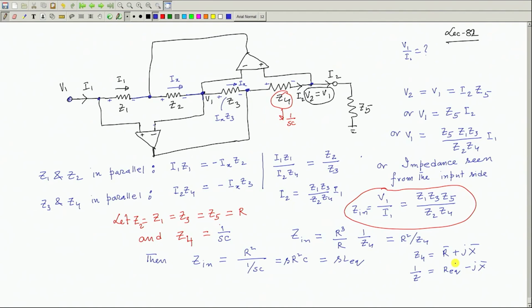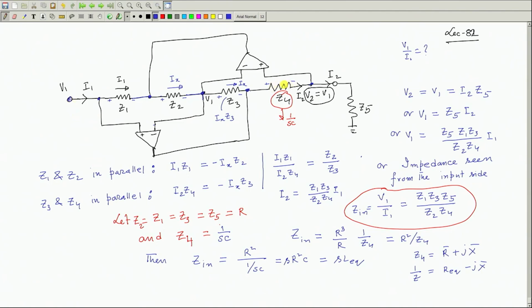What happens is this: in very large scale integrated circuits, if you want to simulate an inductor between these two terminals, an inductor requires a magnetic circuit with a lot of turns, and the size becomes bulky. Instead, if you connect an inductor at Z4, it will appear to be a capacitance between these two points.